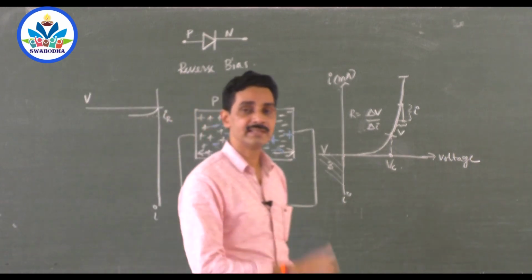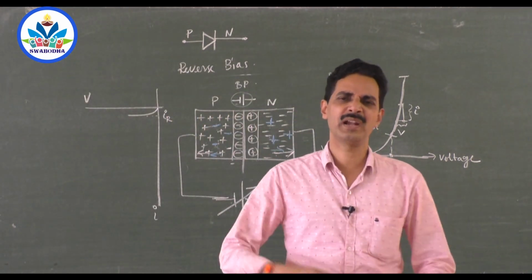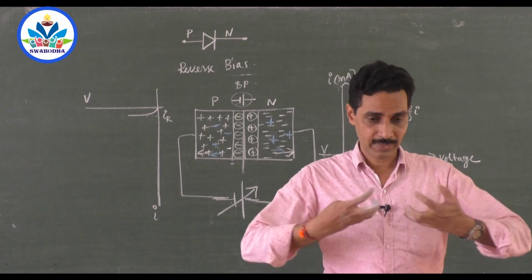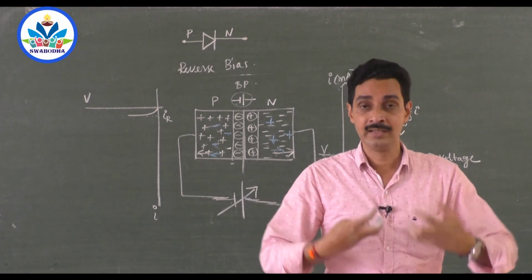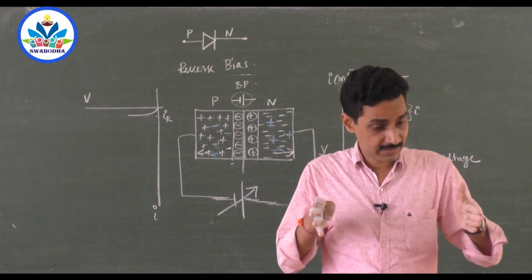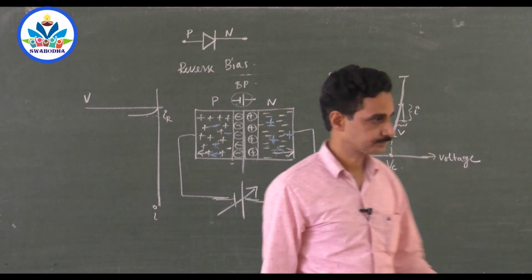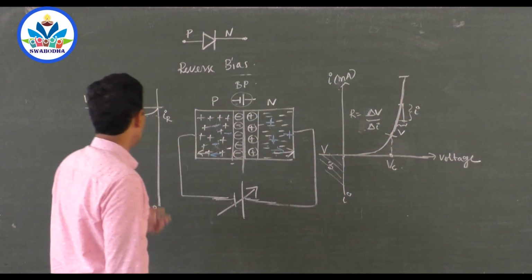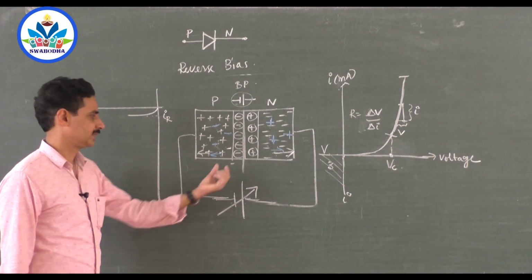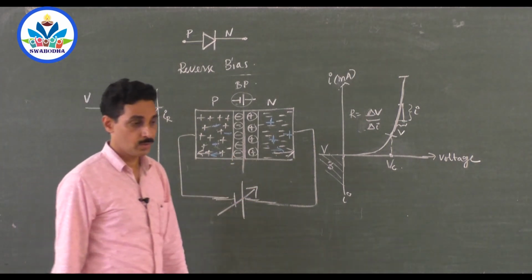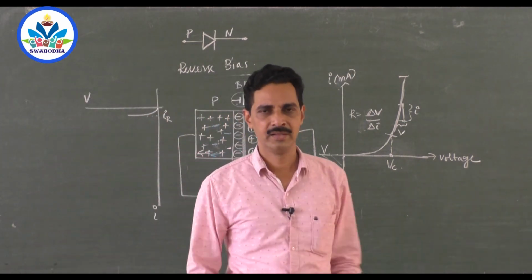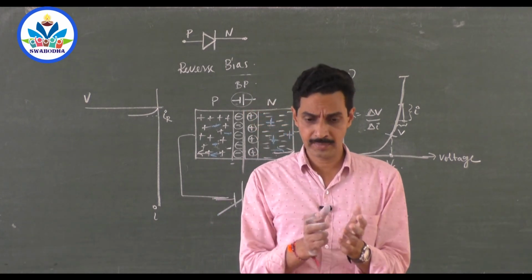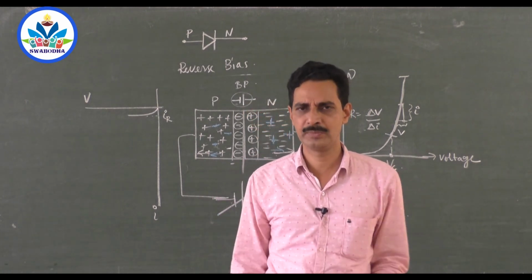Okay, go on increasing the reverse voltage more and more. Remember, there is a pressure developed across the junction because the width of the depletion region keeps on increasing. At one moment, the junction breaks. Once the junction breaks, it is actually the breaking of many, many covalent bonds.